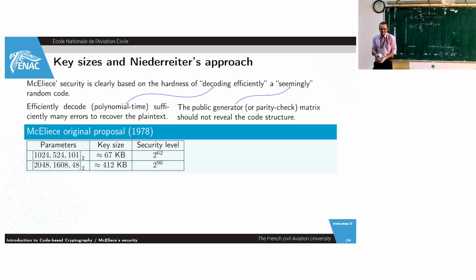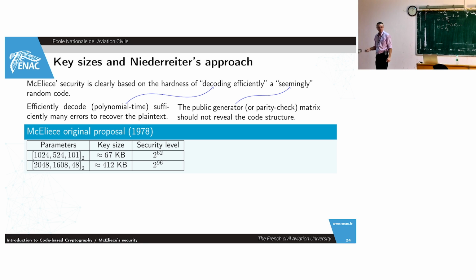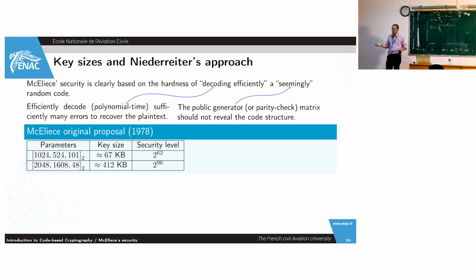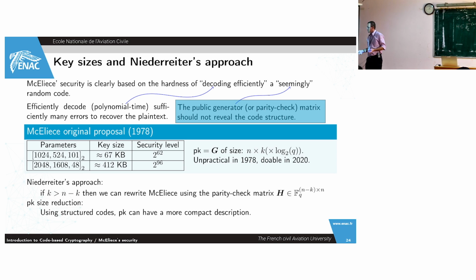And this does not make a lot of difference for the first set of parameters, because roughly K is equal to N over 2, but this makes a lot of sense for the second set of parameters, right?